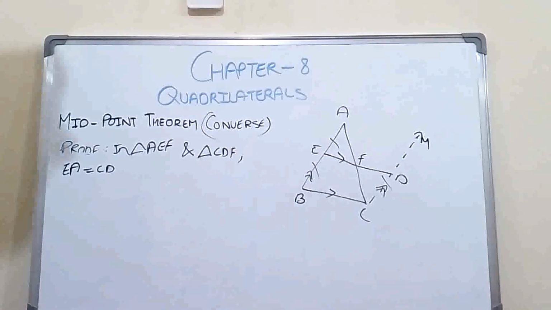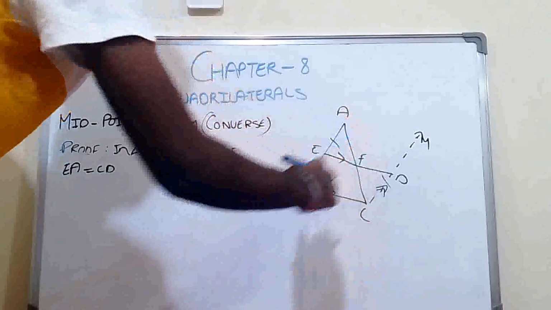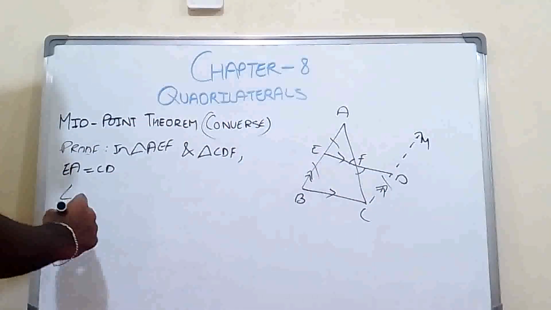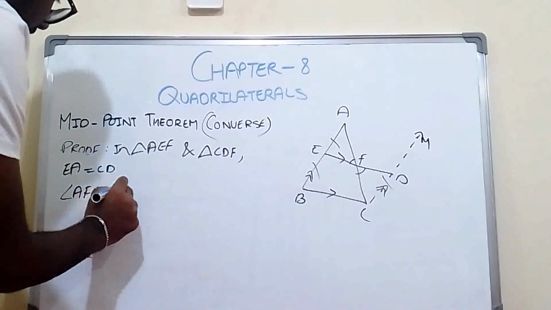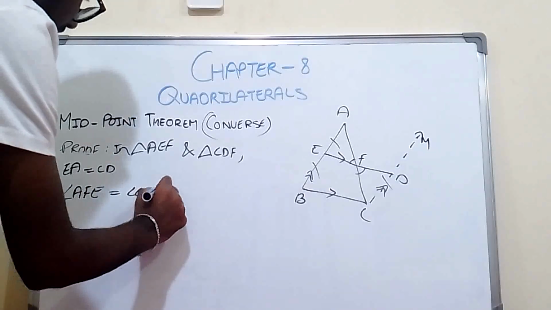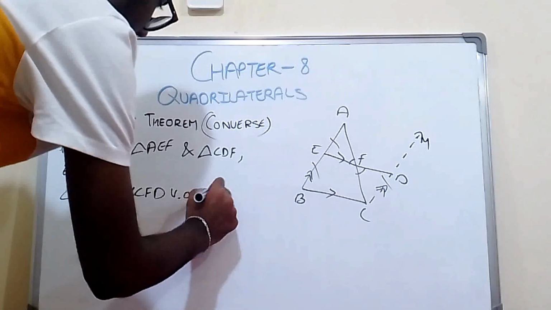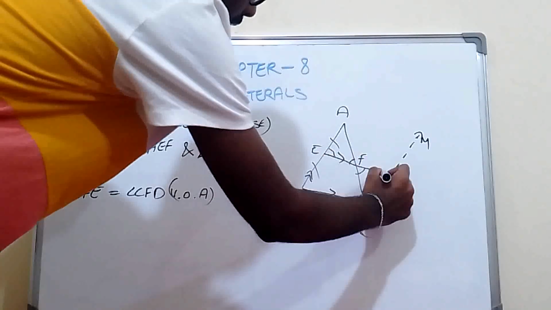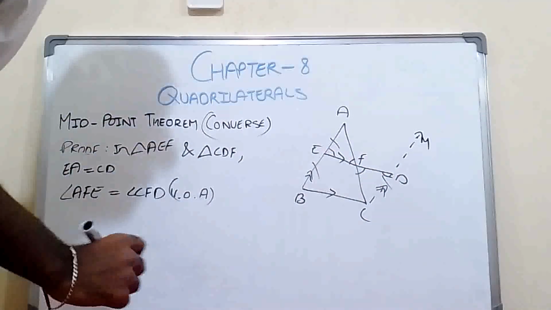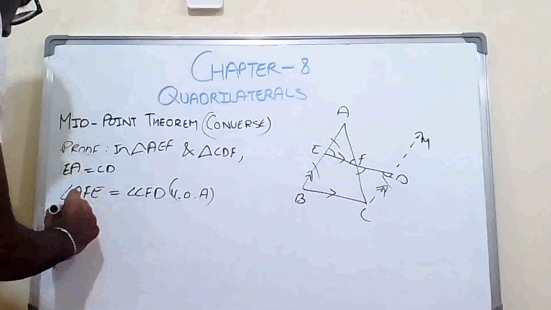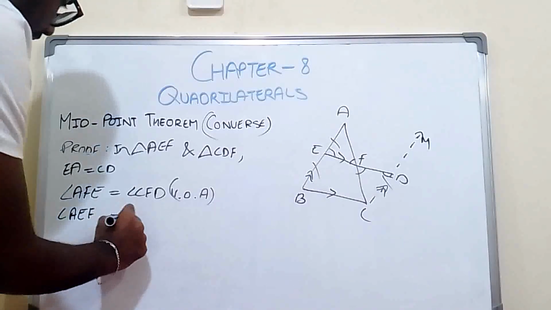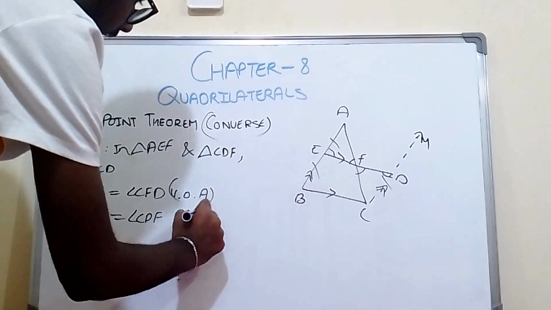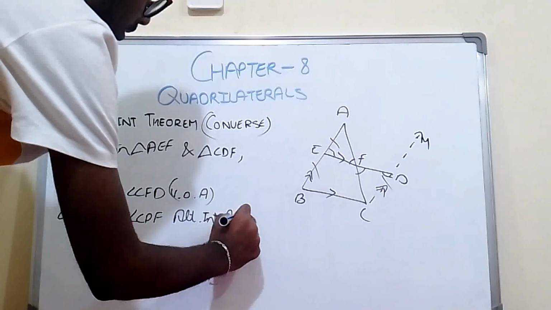Now as AE is equal to CD, we can take an angle again. These two are equal because of vertically opposite angles. So angle AFE is equal to angle CFD because of vertically opposite angles. And then after that, we can write that even these two angles are equal because of alternate interior angles. So angle AEF is equal to angle CDF because of alternate interior angles.